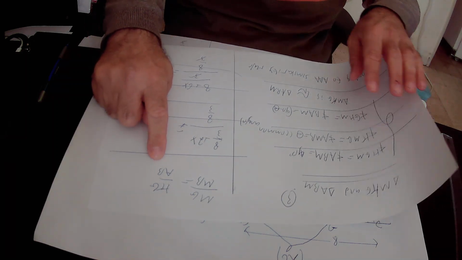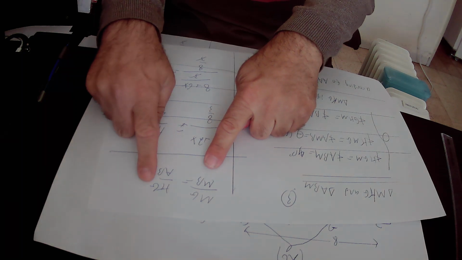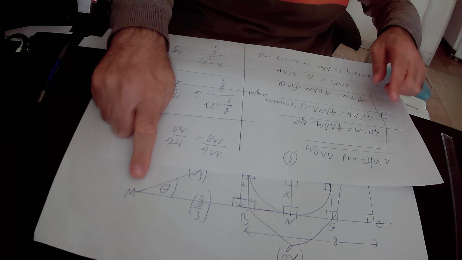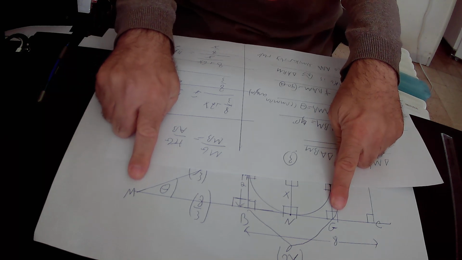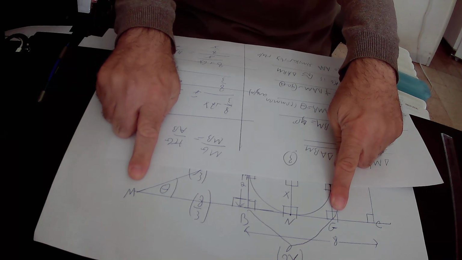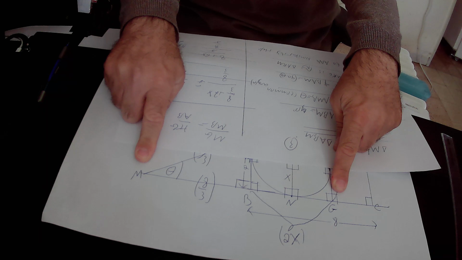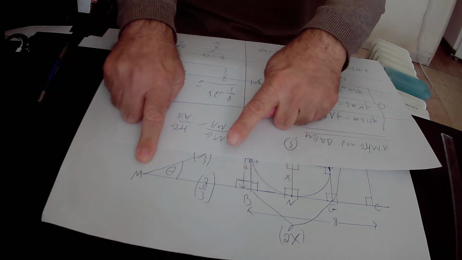So MG over MB equals KG over AB. Here MG equals 8/3 plus 2x. So we substitute MG by 8/3 plus 2x over MB. MB is 8/3.